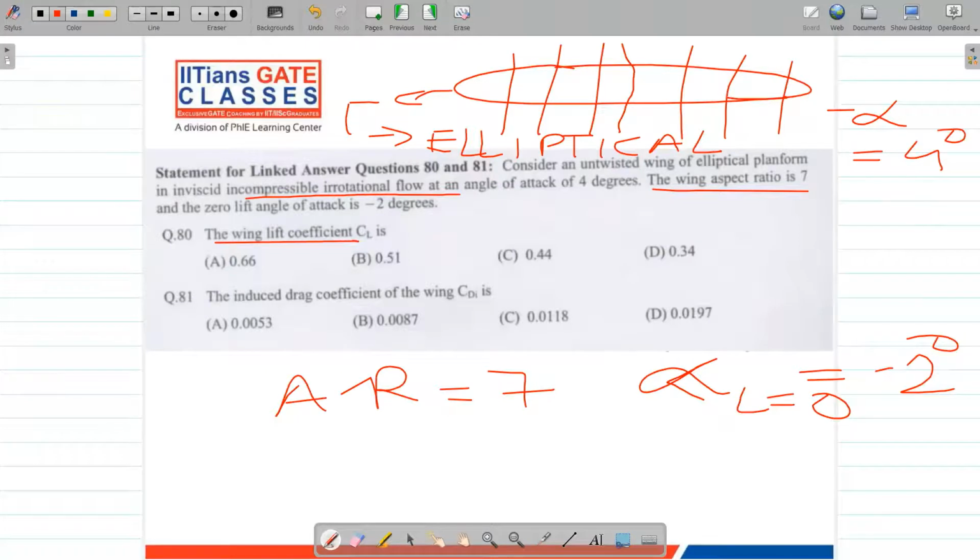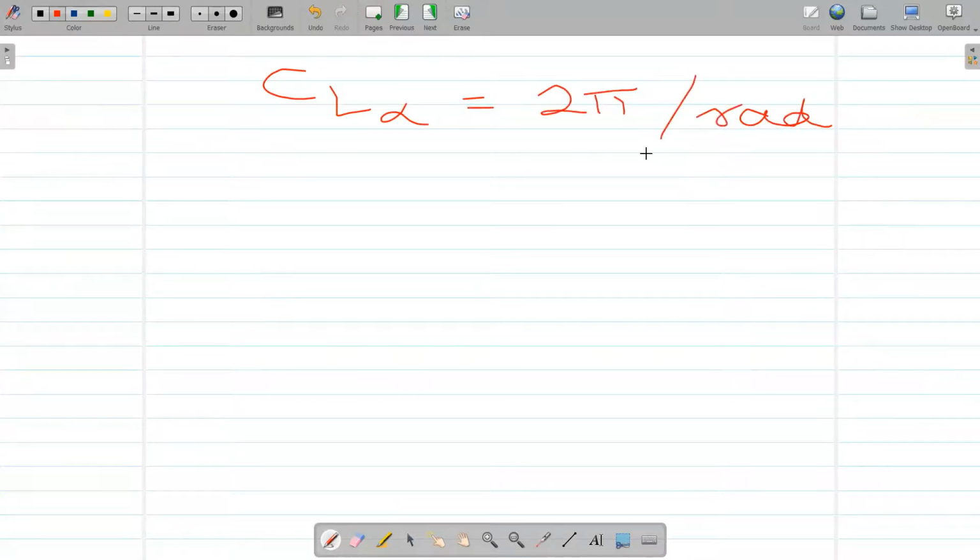So the first step in calculating the lift coefficient would be finding the lift curve slope. For an airfoil, we can assume that the lift curve slope, that is cl alpha, can be considered as 2 pi per radian, since they have not mentioned anything in the problem.